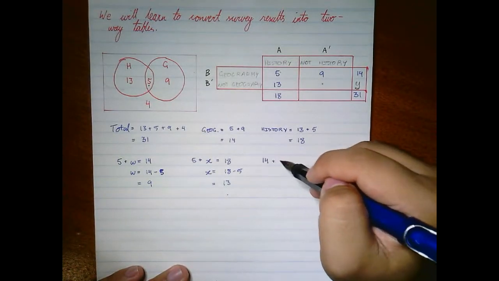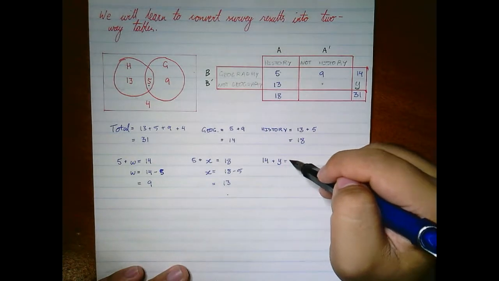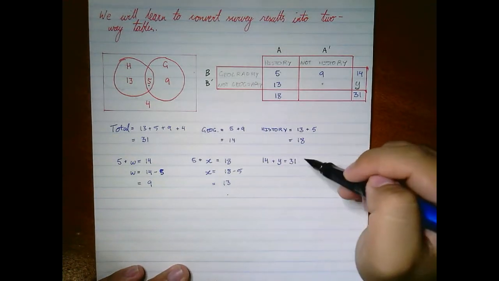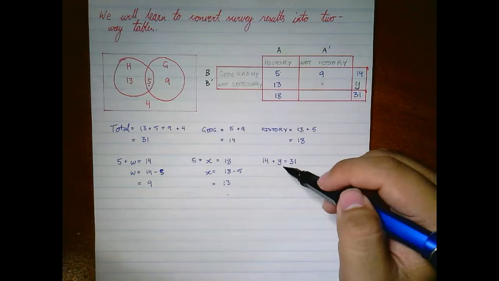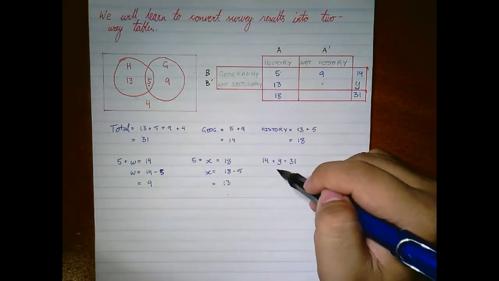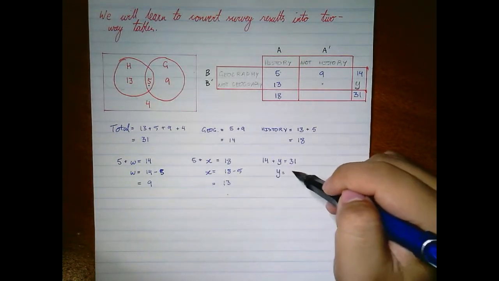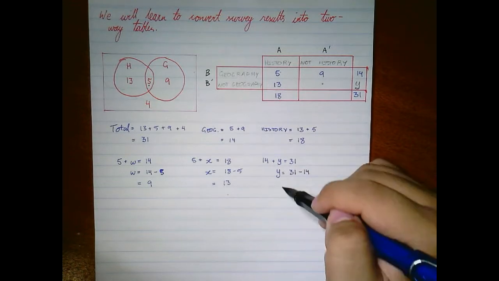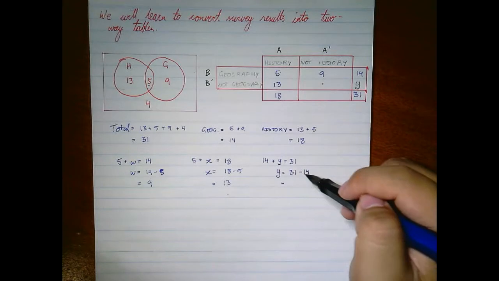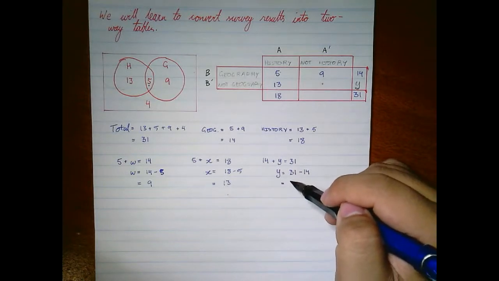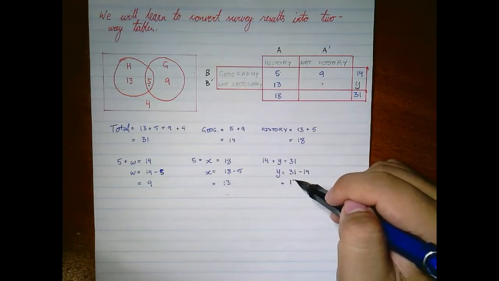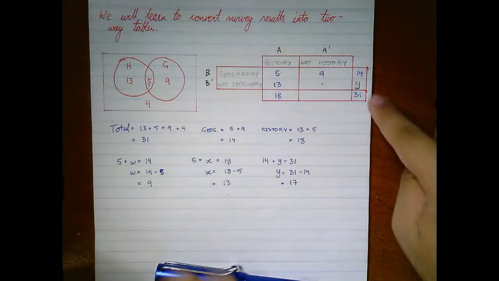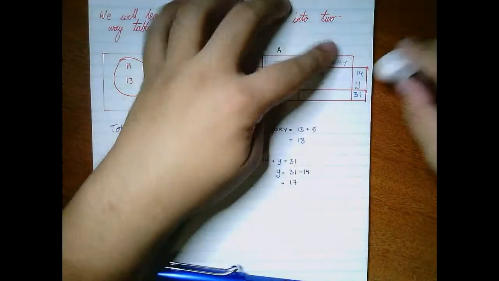I'm going to move the 14 across, so Y equals 31 minus 14. That will give me 17. So that value there, Y, is 17.